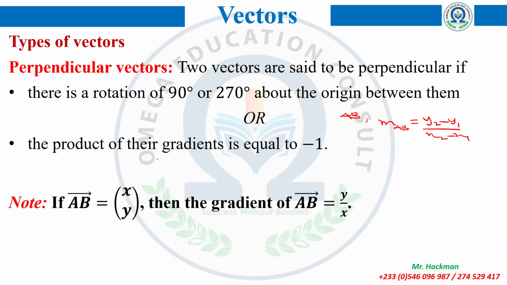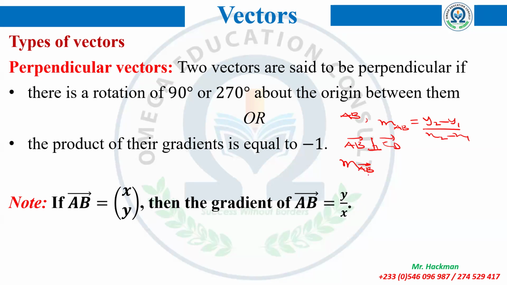So the gradient of the two vectors, the product should give us -1. If I have a vector AB and another vector CD, I can say that these two vectors are perpendicular, using the symbol for perpendicular, if and only if the gradient of vector AB, you use small m for gradient in geometry, times the gradient of vector CD is equal to -1.